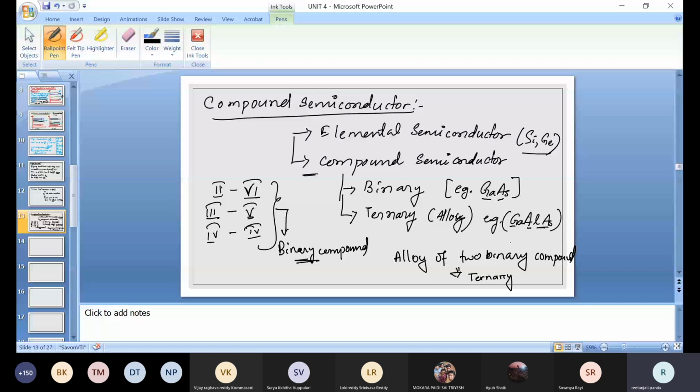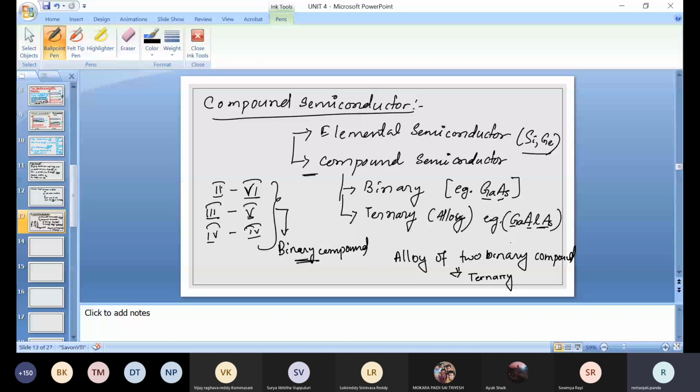So a binary semiconductor we can make between second and fourth group, third and fifth group, and fourth and fourth group. Similarly, a ternary is an alloy of binary compounds with 3 elements. See, now I cannot make one from gallium arsenide and aluminium phosphate, that's not a ternary one.